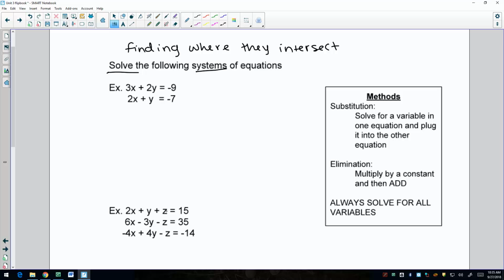There is a 3-dimensional grid that you could graph on, but you are not going to get there unless you take something like Calc 3, so that is far in the future. So what you're basically doing is finding the single point that they all share in common.